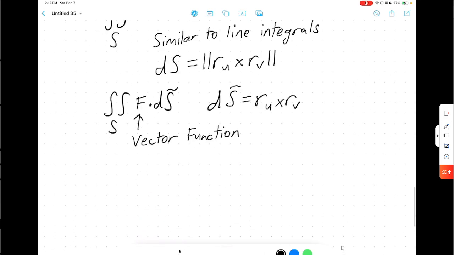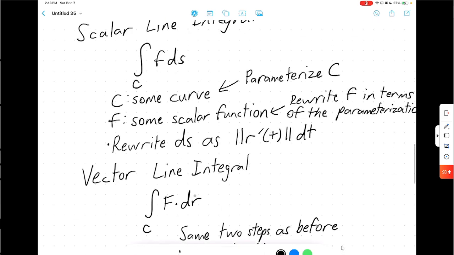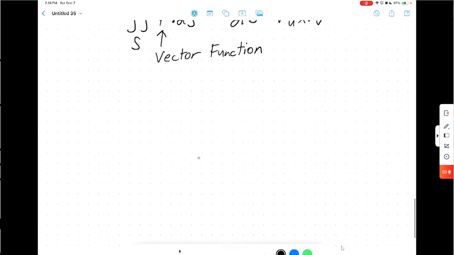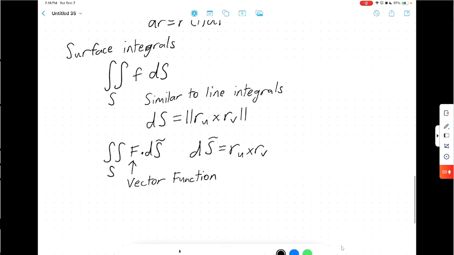All right, and that's mostly the gist of what you're doing for line and surface integrals when evaluating these. Any questions? So these are three different concepts that are slightly different.